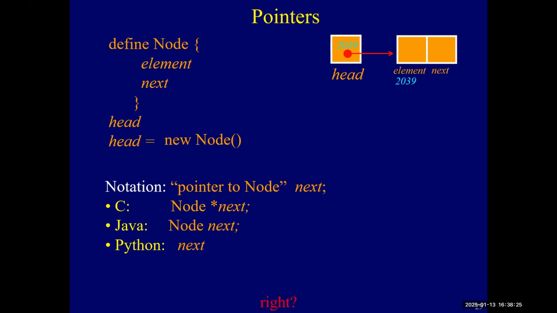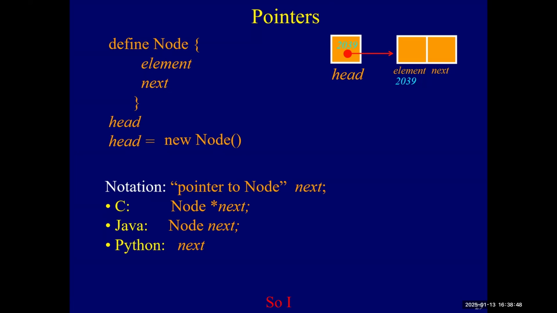So when we say head is going to be a new node, head is going to point at this node, or head will be that node that has two fields, each of size an integer, which will then point at something else.